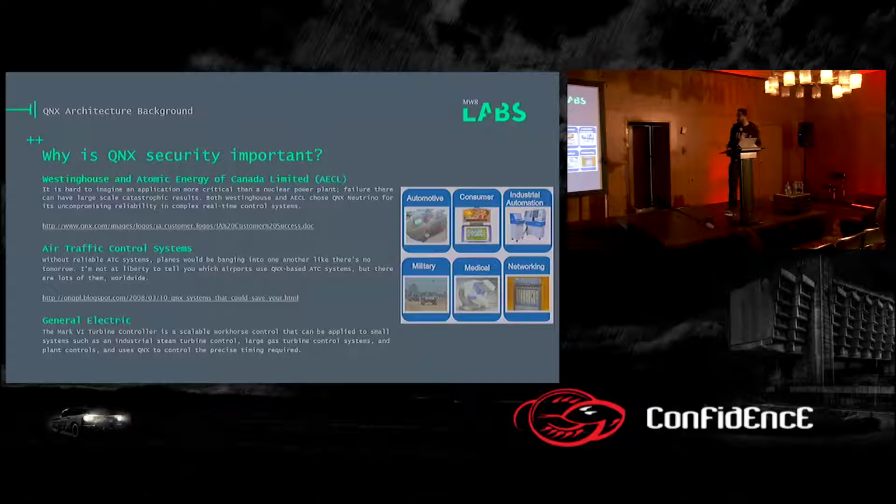Some of the clients that have publicly stated they rely on QNX to power their nuclear power plants are Westinghouse and Atomic Energy of Canada, just to name a couple of them. So, as you can imagine, it's quite important for an operating system powering a power plant to be as robust as possible.